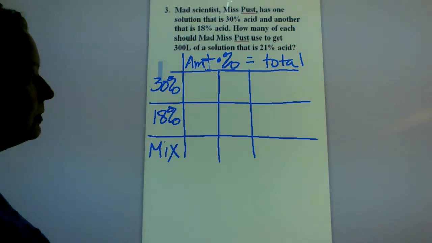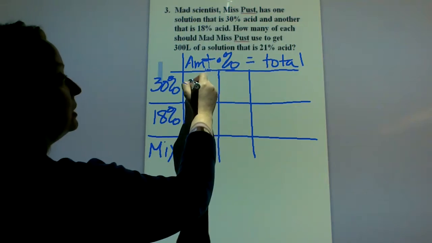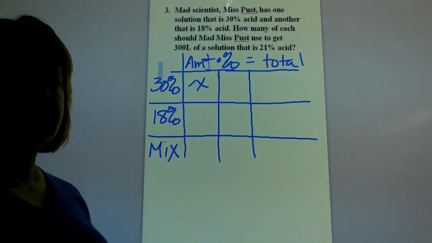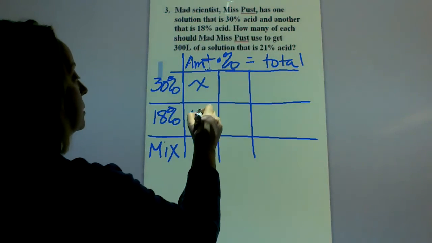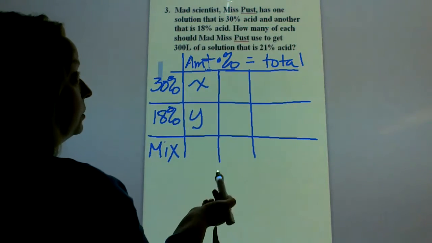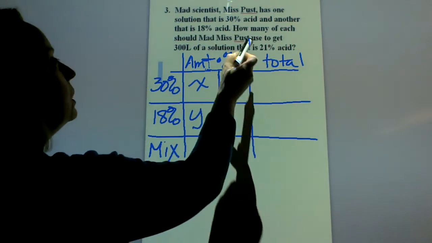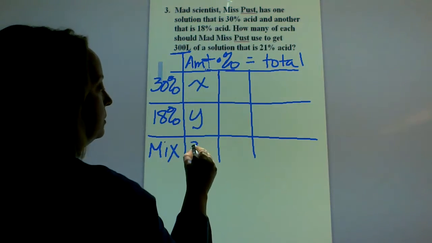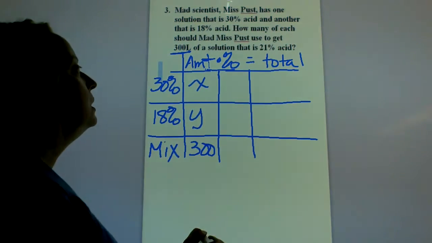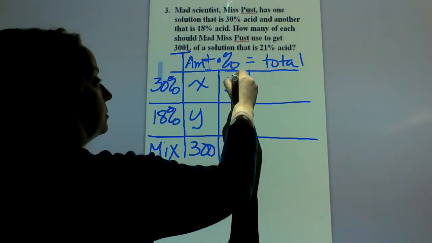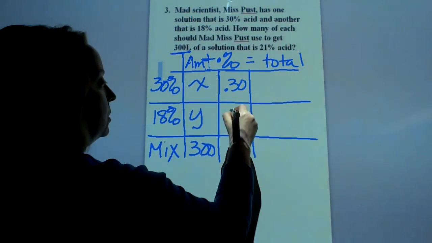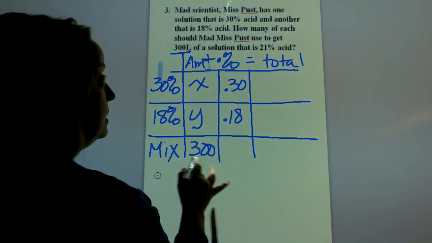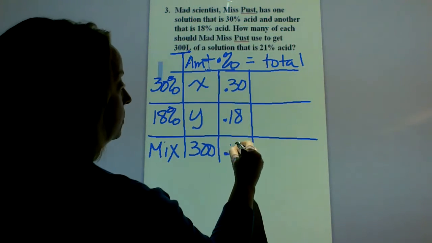mix. So the amount that I have here is going to be X, because I don't know what that amount is going to be. This is going to be Y. And so your mix, well, there's 300 liters of that. So I'm going to put 300 here. And the percentage, well, this will be 0.30, this will be 0.18, and then the mix should have 0.21.